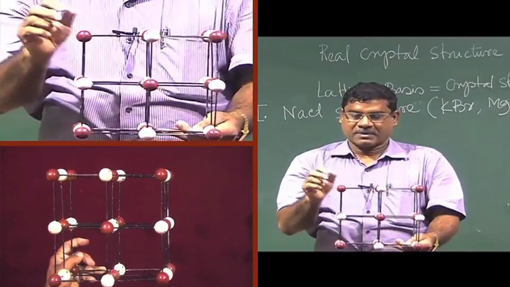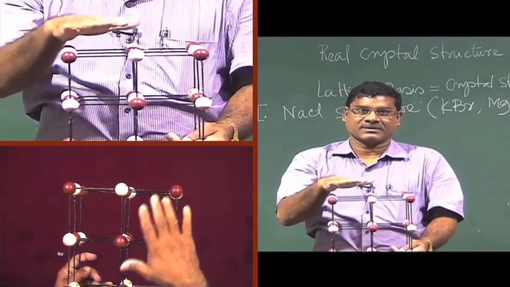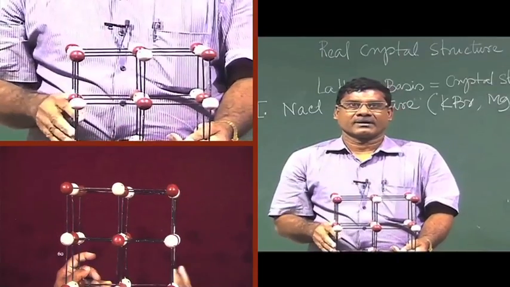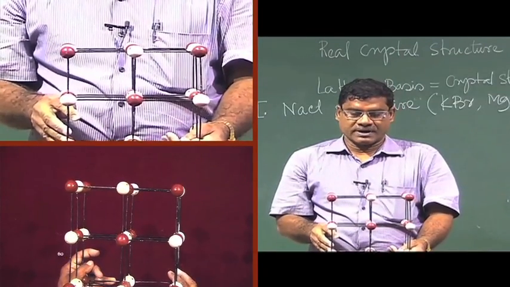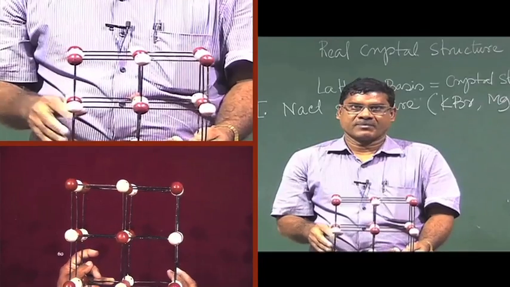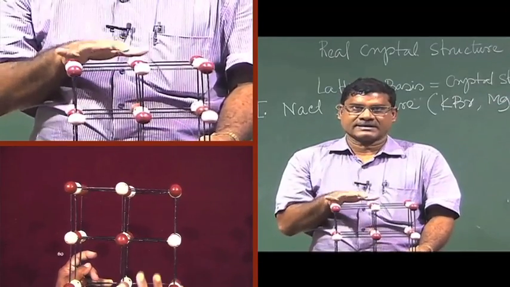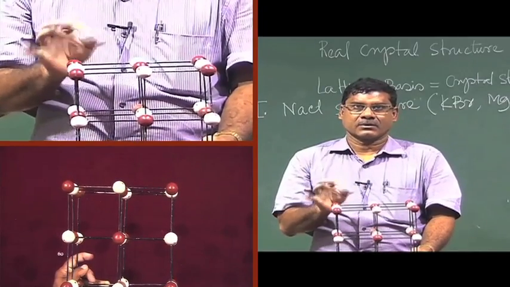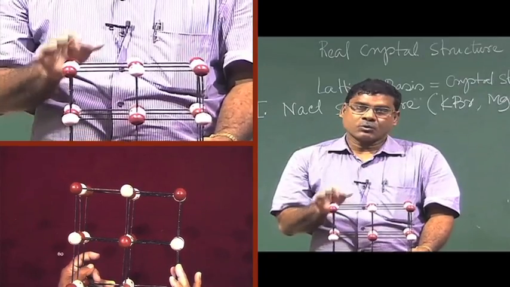So, whatever brown color we are seeing, if you just look at the brown color, then you can see there is an FCC lattice, right. Now the basis is sodium chloride, so we have to put in this lattice sodium as well as chlorine, right. So, how to put them?